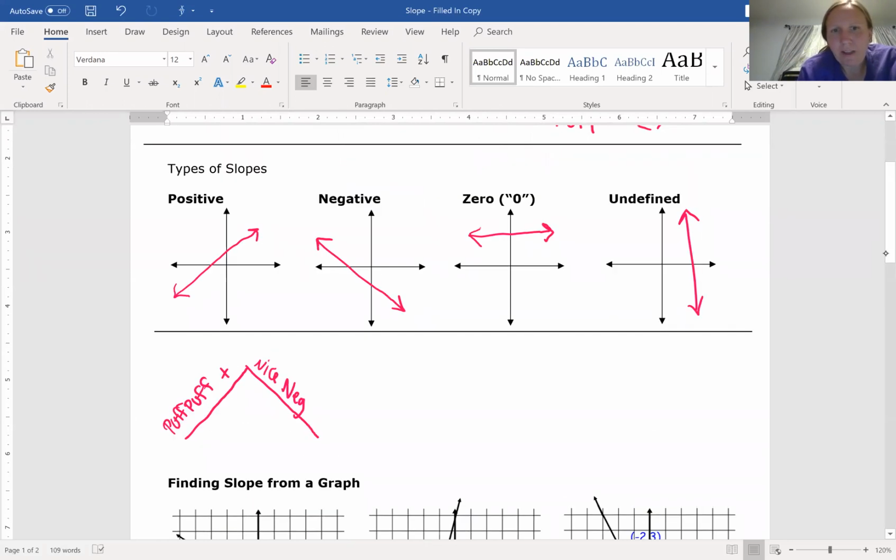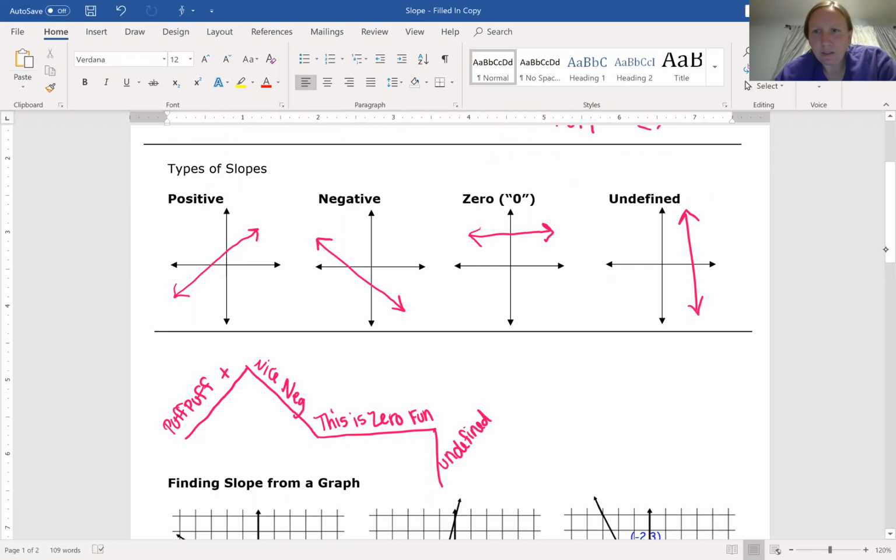Then he gets to that flat part, which he says, this is zero fun. And lastly, he falls off the cliff. This is hard to do on a computer, but I'll just write it like so, that is undefined.